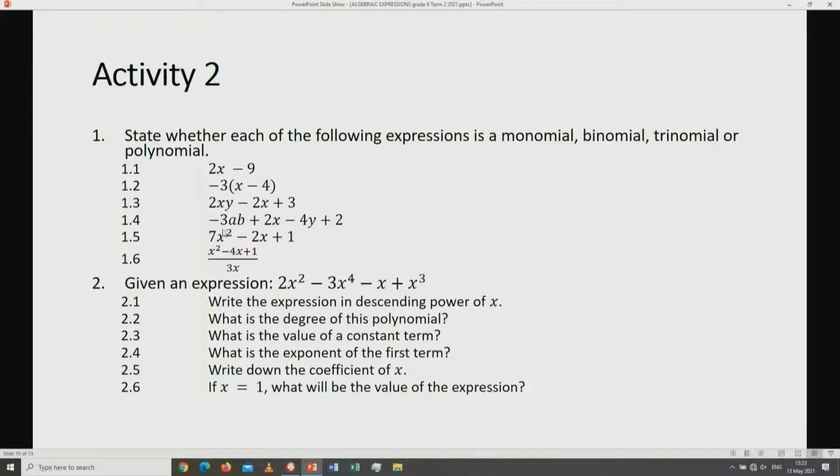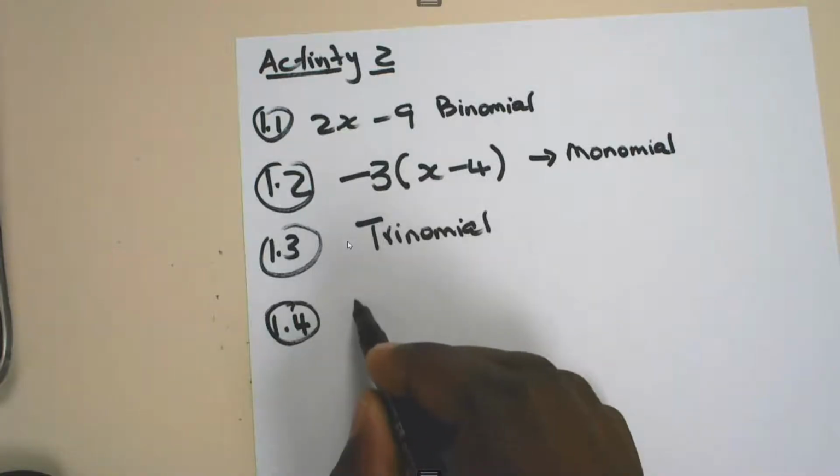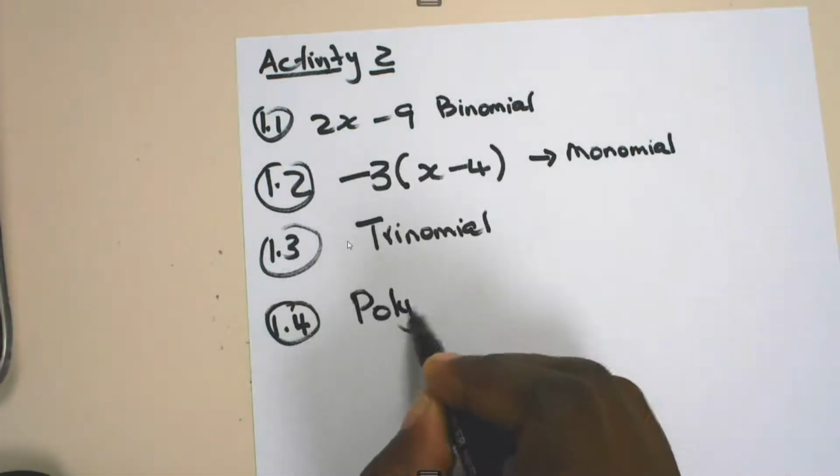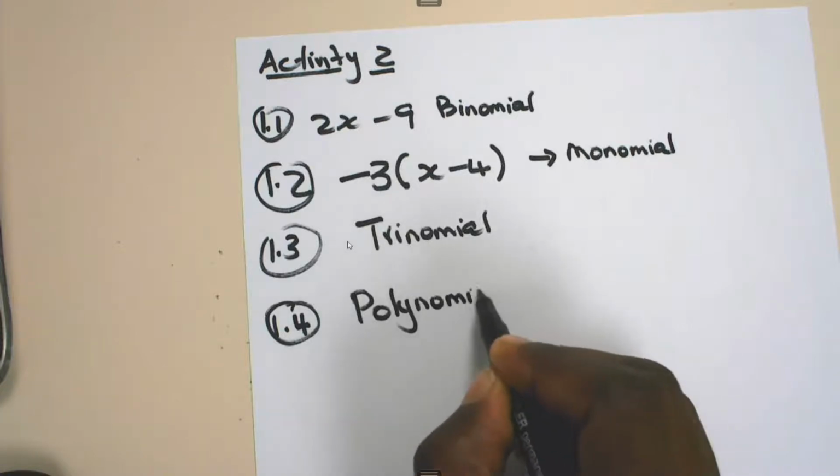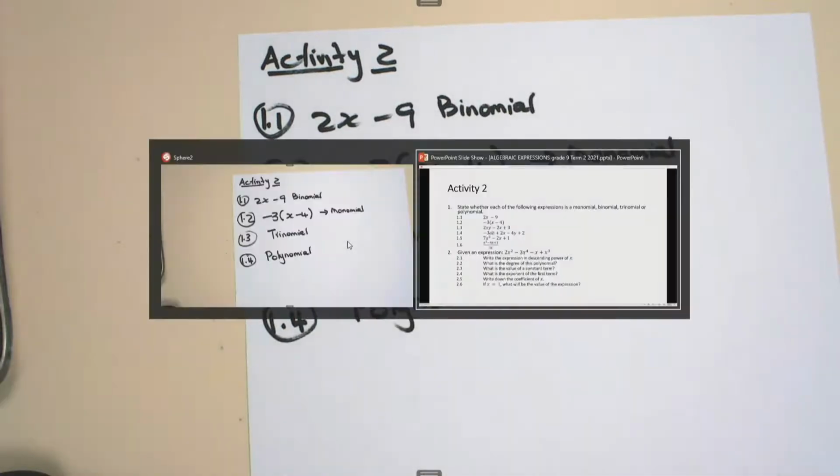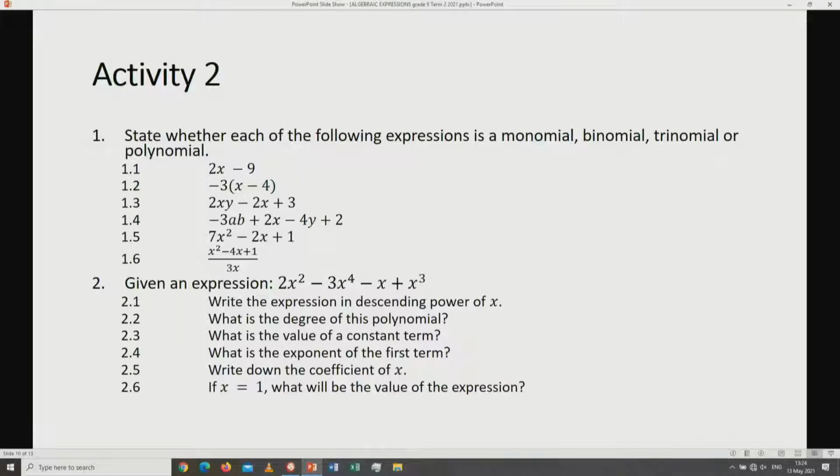And in 1.4, let's check how many terms. It's 1, 2, 3. Once it goes to more than 3 terms, we say it's a polynomial. So 1.4 is a polynomial. And then let's go to 1.5.